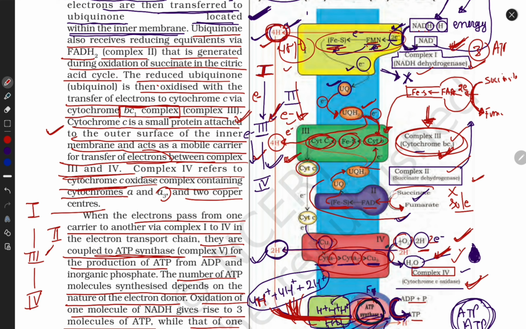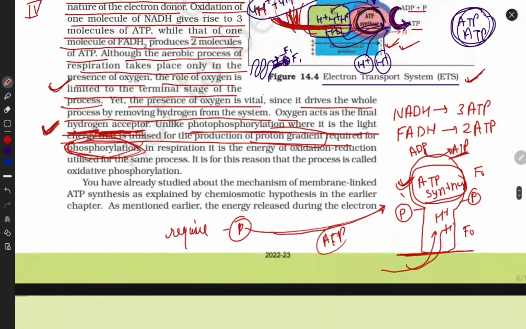Which complex promotes succinate to fumarate conversion? Where do we get 2 hydrogen ions, and where do we get 4 hydrogen ions? Which complex collects electrons from ubiquinol, or receives reduced ubiquinone? Complex 3 receives electrons from ubiquinone. So these are question-making areas.